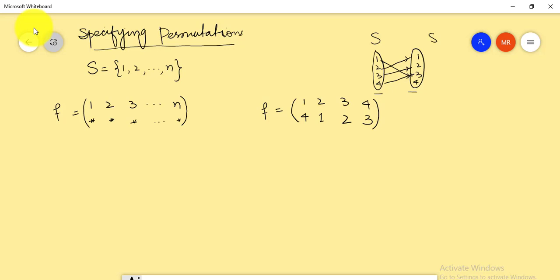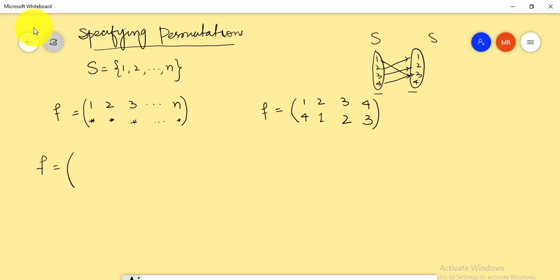Still, there is an issue that in this representation we have to write each element of the set twice. So we look for a more convenient way of representing this permutation. And how do we do it? Consider this permutation from a set S with 6 elements.